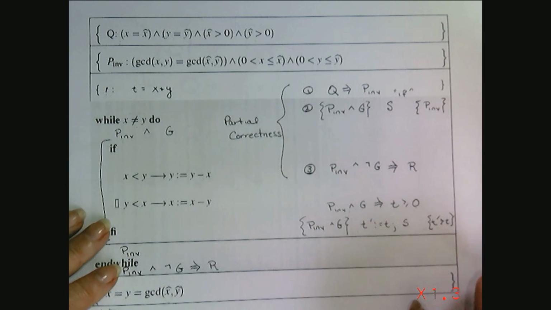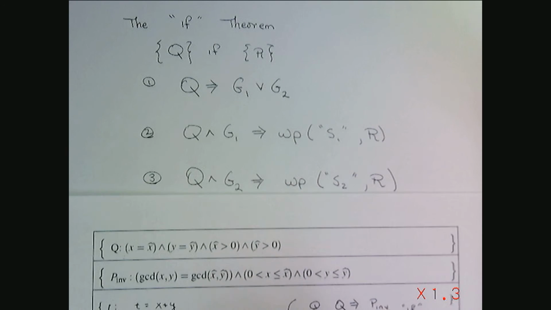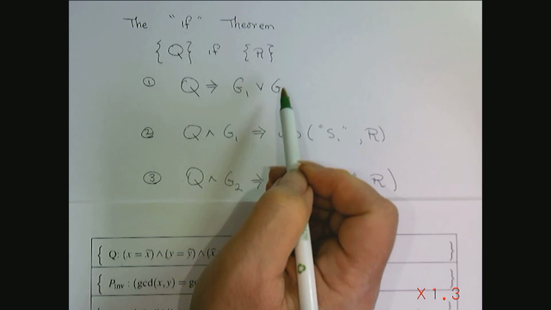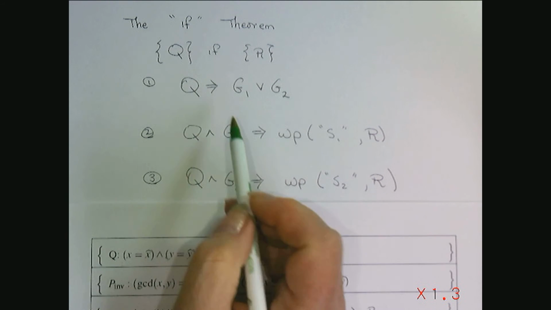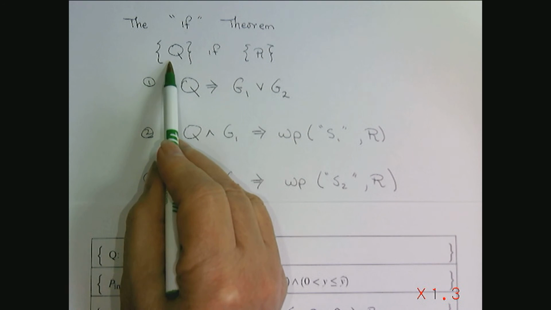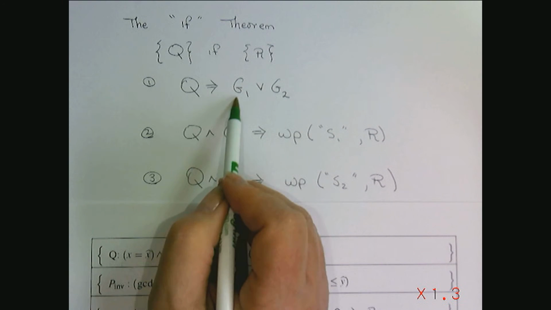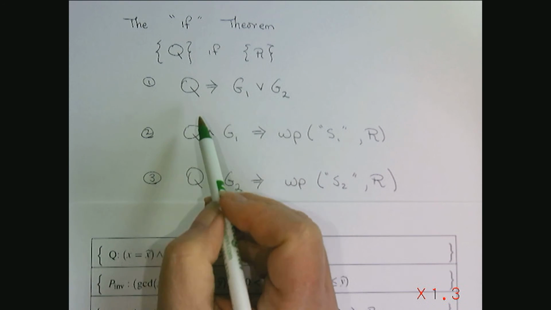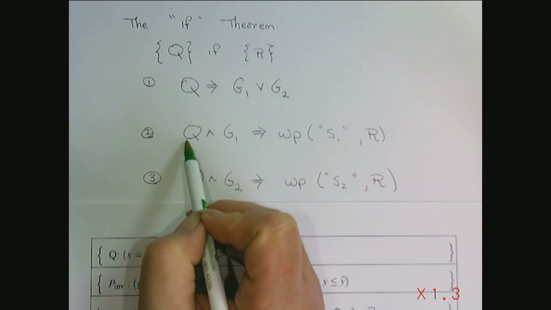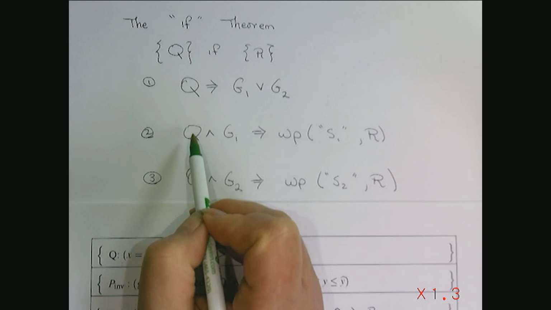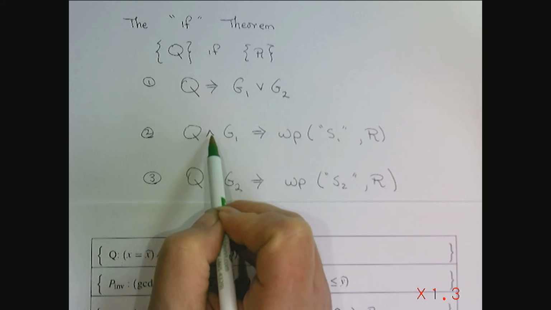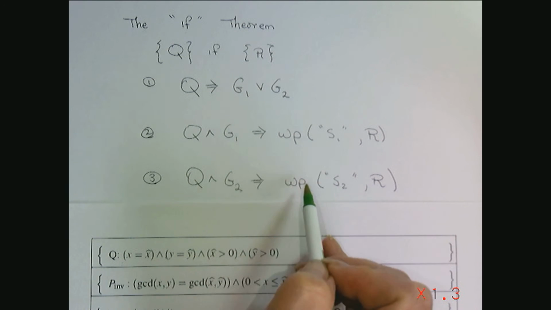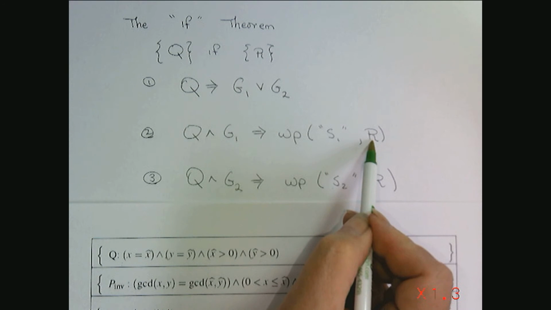Recall, the if theorem tells us that if we had an if command with two guards, in order to prove it correct, we would need to show that the precondition for the if implies at least one of the guards holds, and then for each one of the guards we would need to show that the precondition and the guard implies the weakest precondition of the command corresponding to the guard, and the postcondition.